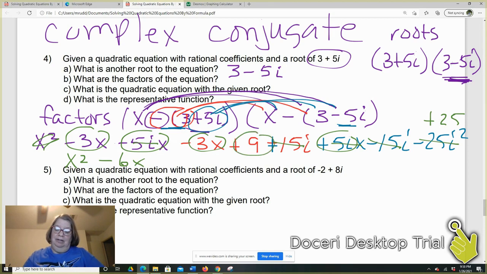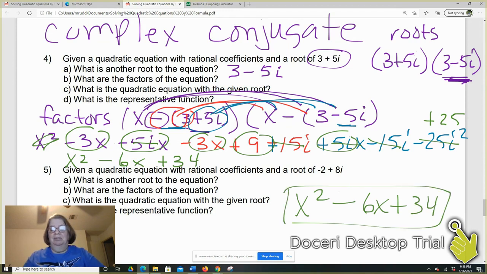And you got a positive 9 right here, which is positive 34. So your equation is x squared minus 6x plus 34. The roots of that are 3 plus 5i and 3 minus 5i. It made a long string of numbers there, but because you're multiplying the complex conjugate, the i's should cancel, the i-x's should cancel. And then your i squared is going to change the sign, so you don't have any actual i in the equation.